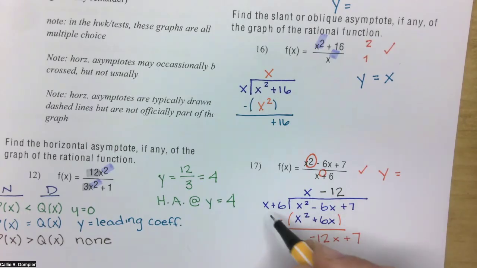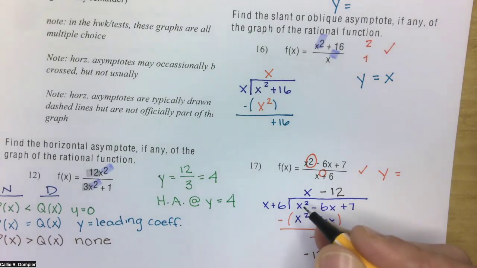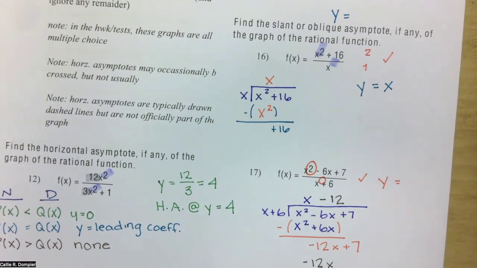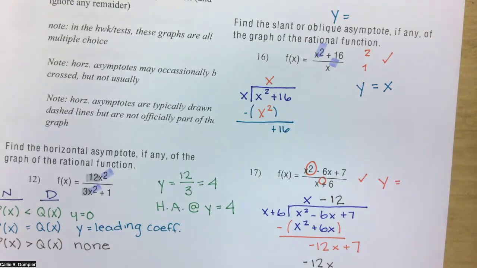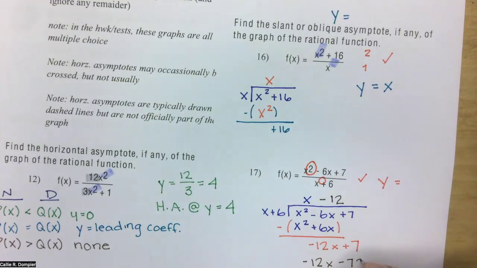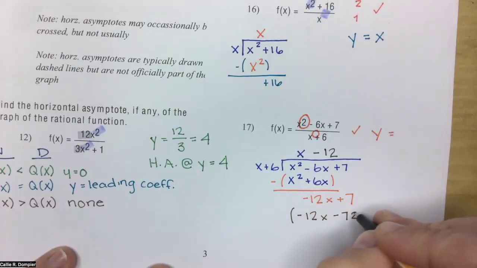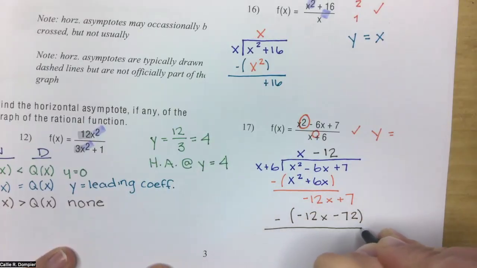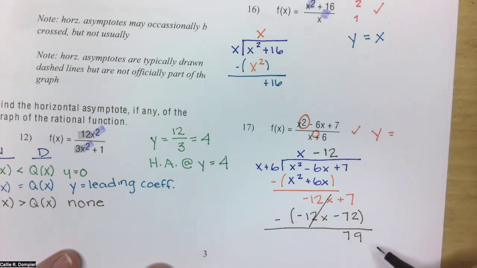If I take negative 12 and multiply it by x, I get negative 12x, and then negative 12 times positive 6 is negative 72. And then I subtract that. Those cancel, and I'm adding those, so that's 79. But it's okay, I can stop, all right?